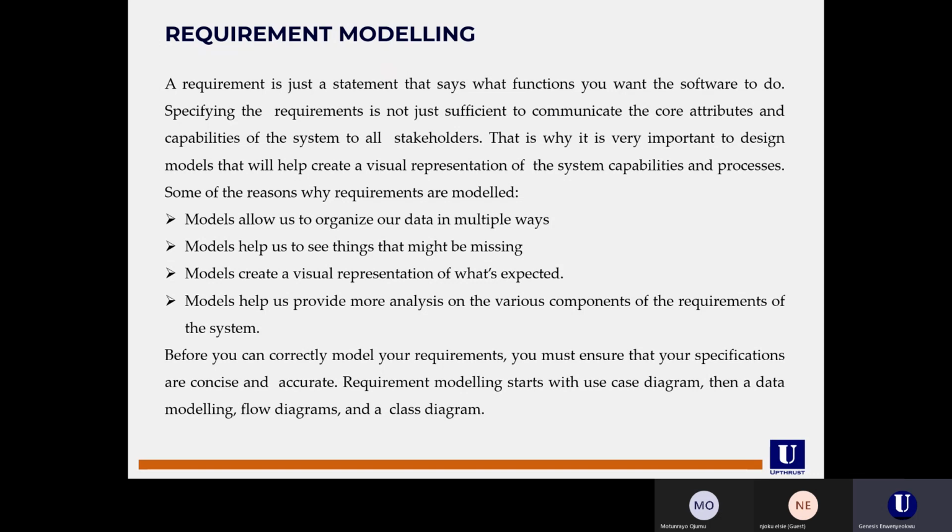Models also help to provide more analysis on the various components of the requirements of the system. So imagine if you are doing your model and you realize that there's some process you did not capture in your specification. That gives you opportunity to analyze those processes further. So models help to provide room for more extensive analysis.